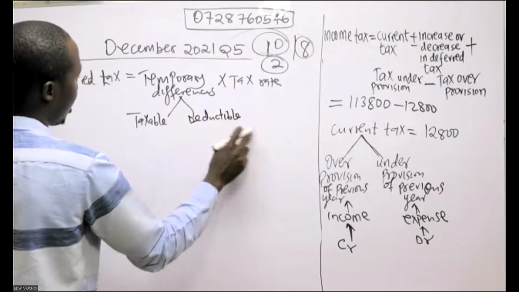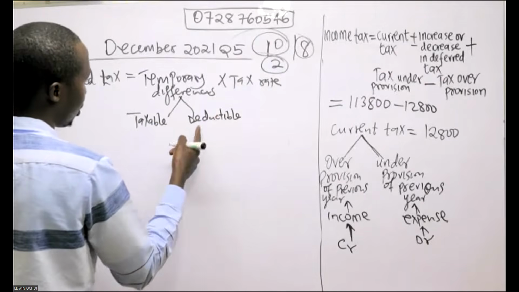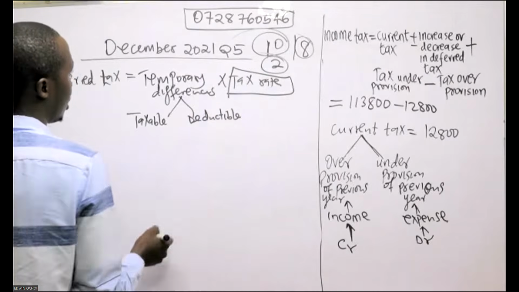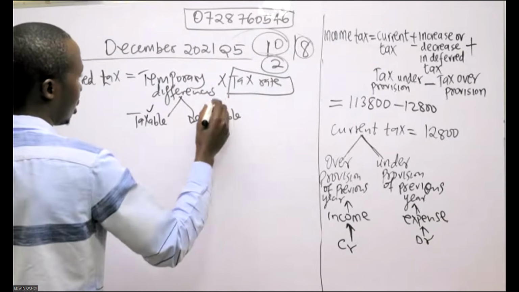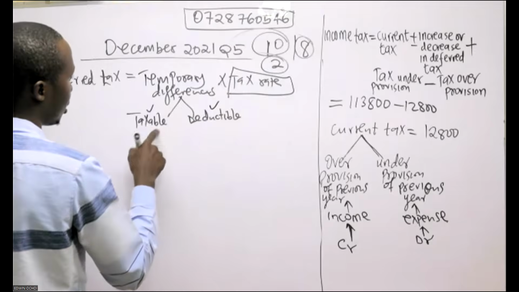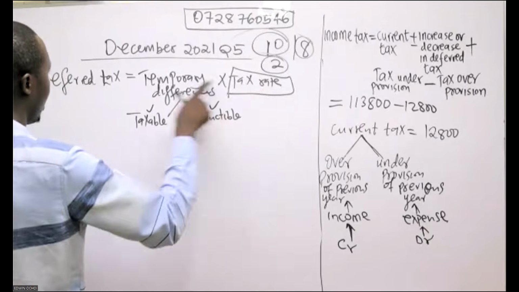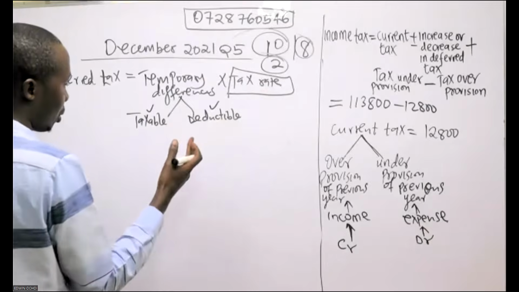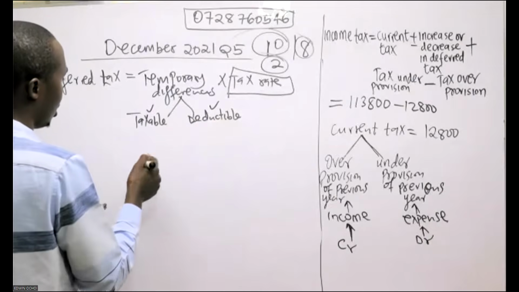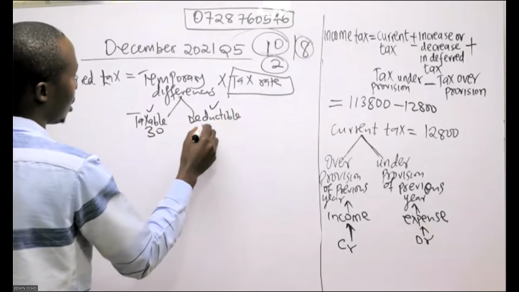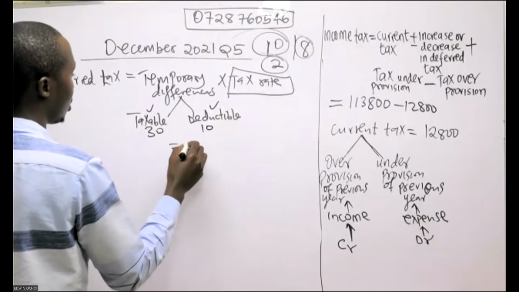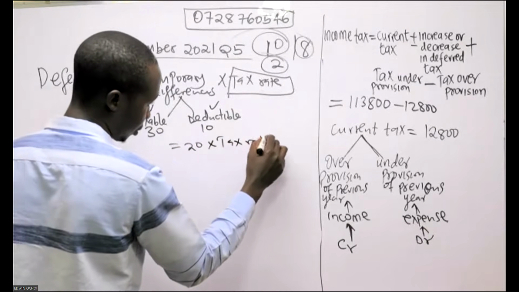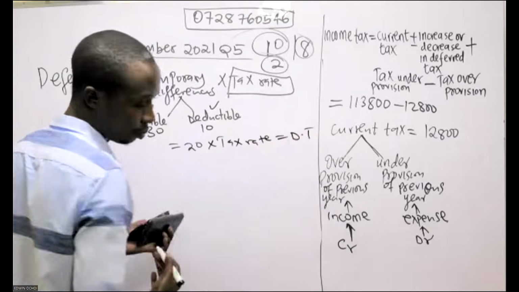You can be given either one, and you just multiply with your tax rate to get your deferred tax. If you are given both, you net, then you multiply with your tax rate. If you are given 30 and 10, the difference will be 20 times tax rate. You get your deferred tax.